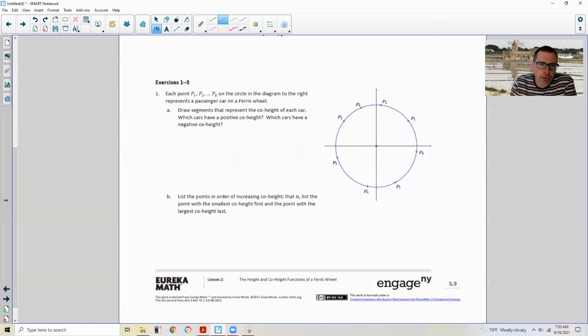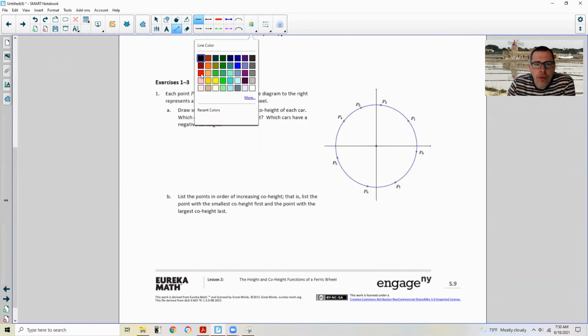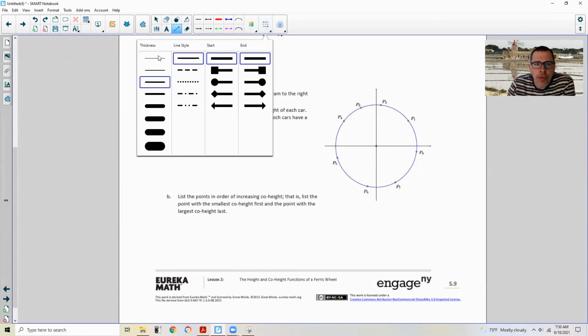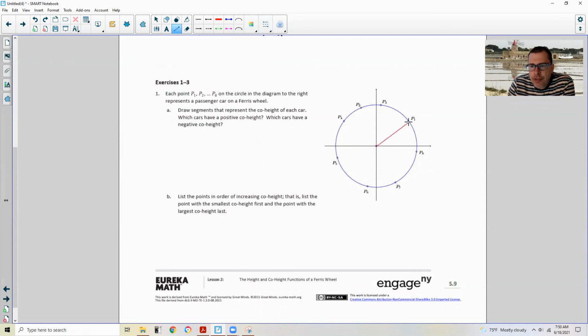Okay, so that's a new term for you, Kohheit. So let me explain what Kohheit is. So let me draw some lines. If I drew a line from the center of the circle out to P sub 1, okay, that is our radius.